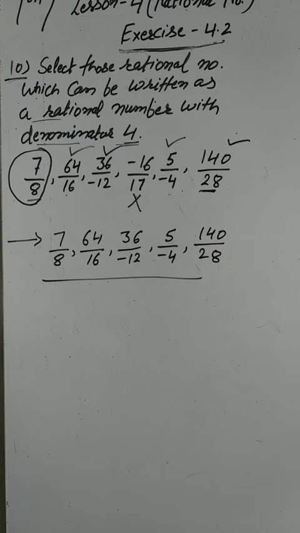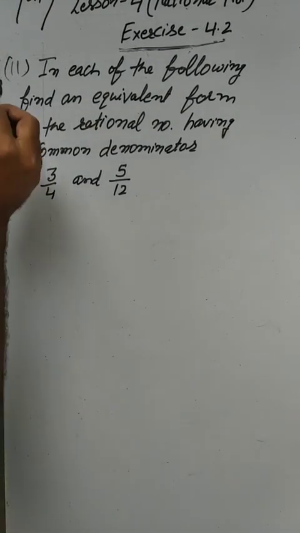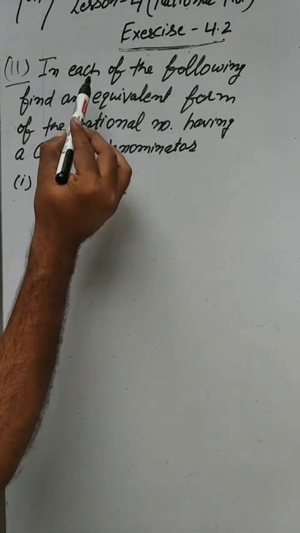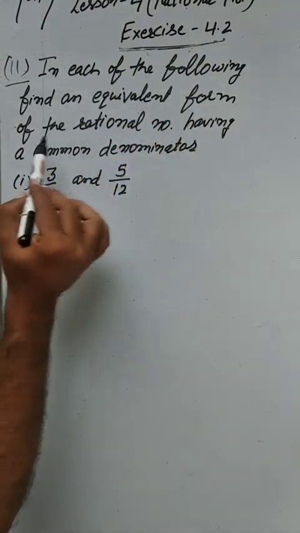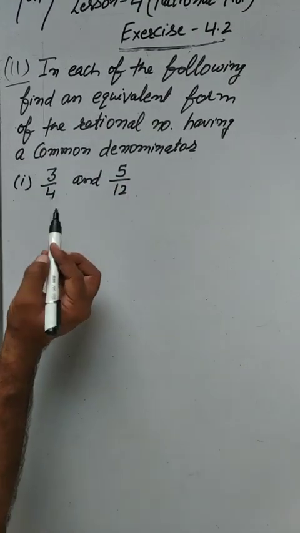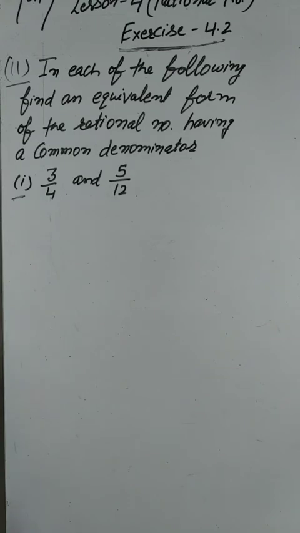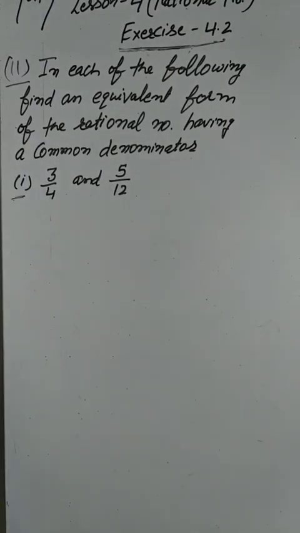Understood beta? Yes beta, last question of exercise 4.2, question 11th. In each of the following, find an equivalent form of the rational number having a common denominator. Our first part is 3/4 and 5/12.